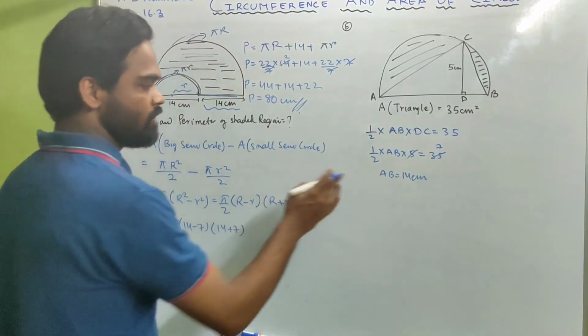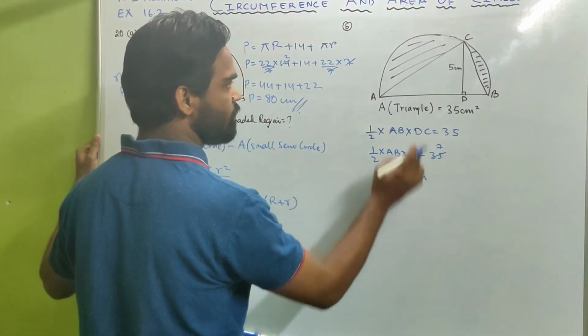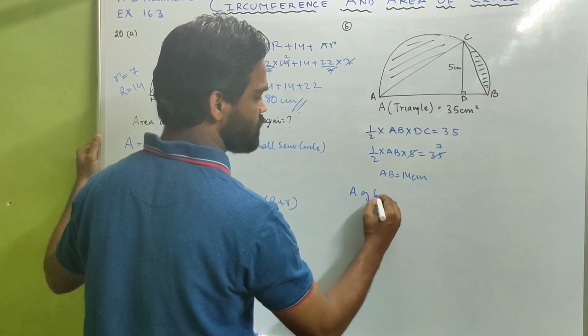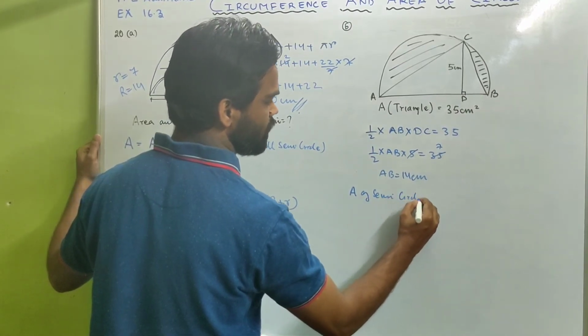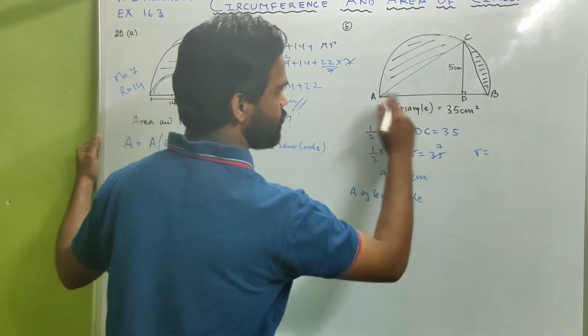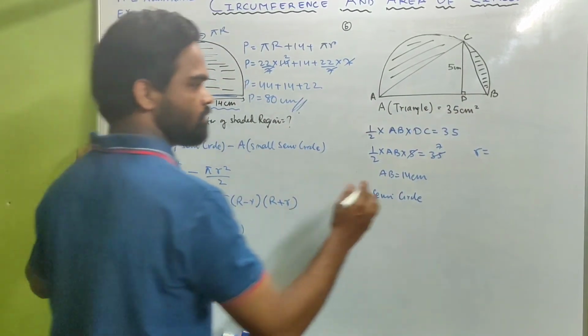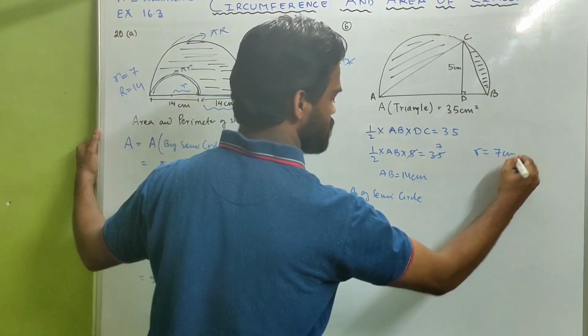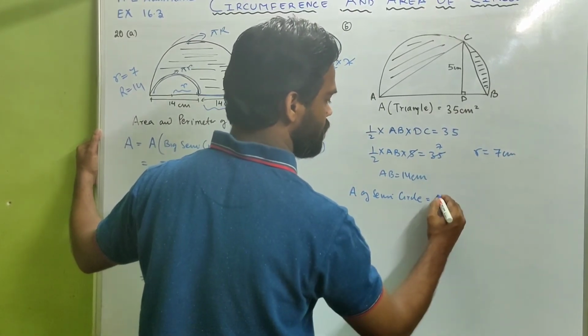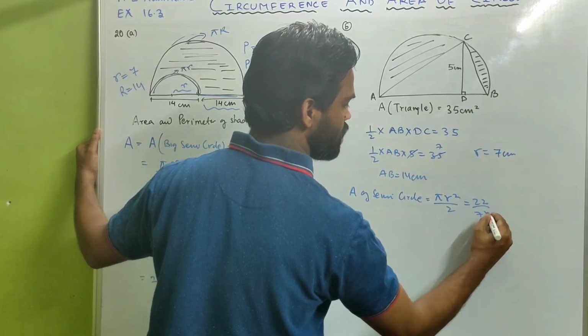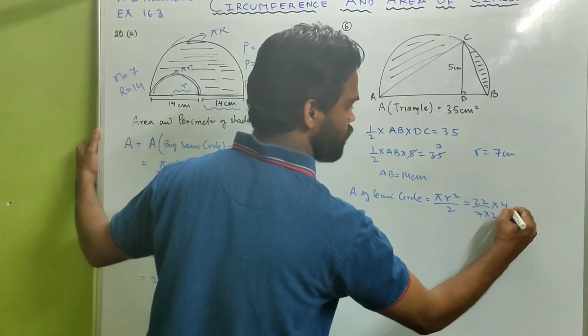Done. Once you get AB as 14 centimeter, then for the semicircle, of course, the radius will be half of AB. Why? Because AB is the diameter. So the radius is 7 centimeter. So the area of the semicircle will be pi r square by 2, which is 22 by 7 multiplied by 49 by 2.